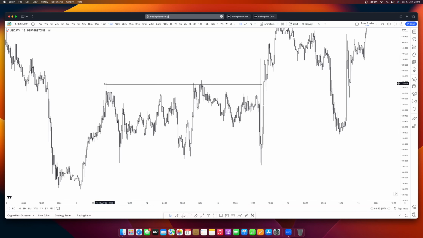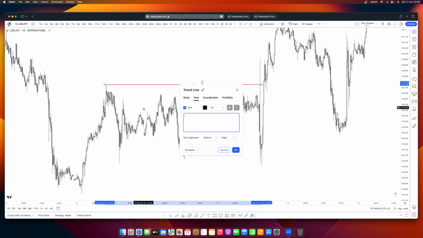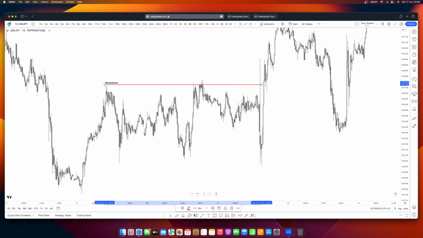Remember the resistance we drew? Red, right? And we can call this resistance. So we just bring that to the top and left, and we can increase it to 14. So you see, this is a resistance, and this is an example of a support. See it clearly now?